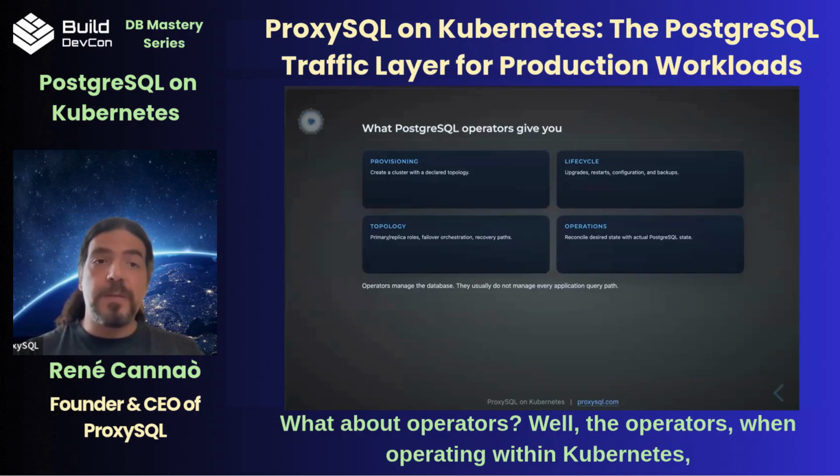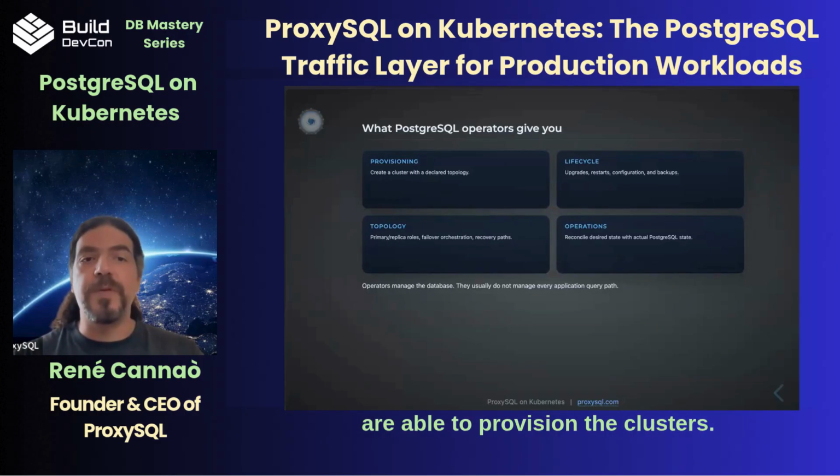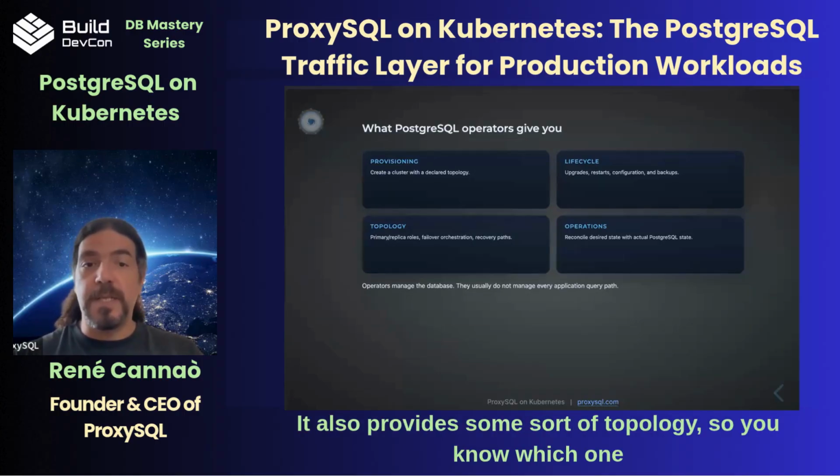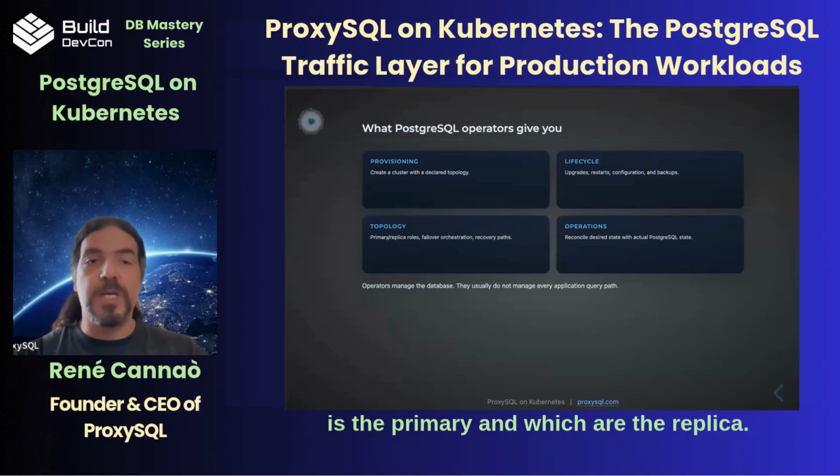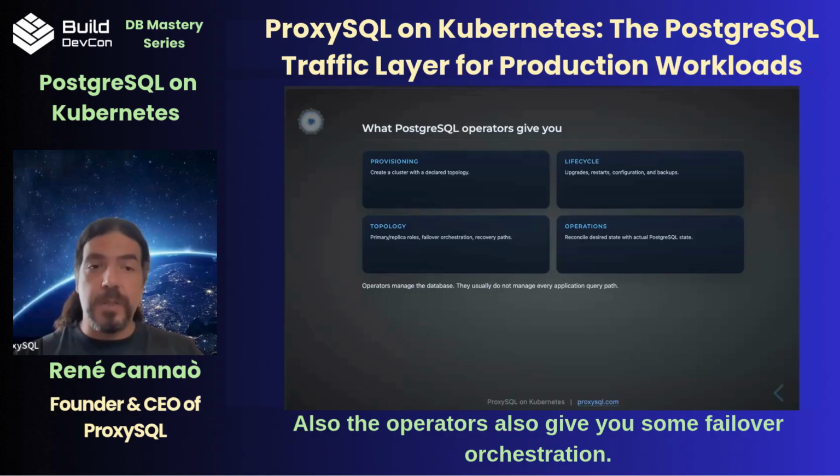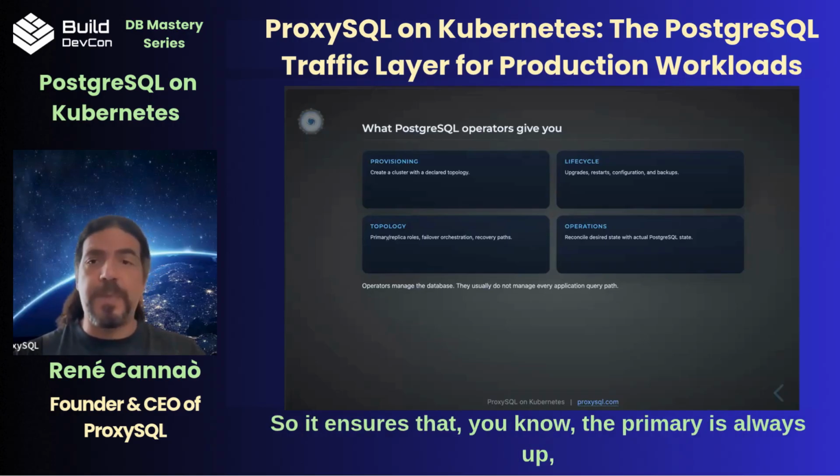What about operators? Well, operators, when operating within Kubernetes, are able to provision the clusters. They also provide some sort of topology, so you know which one is the primary and which are the replicas. Operators also give you some failover orchestration, so it ensures that the primary is always up.